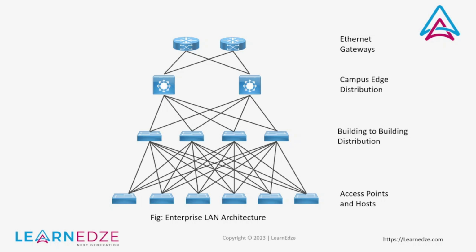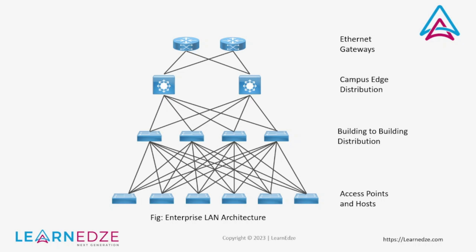In layer 3 switches we can also put some routing protocols. It has the capability of forwarding based on the IP address and the routing information available here. So suppose we have a campus, we can use routers, and we can use layer 3 switches also for connecting different networks.